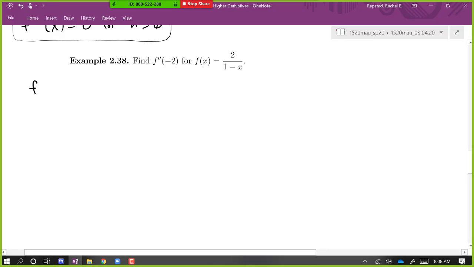So if I start by just rewriting the function by bringing that 1 minus x up top to the -1 power, now I don't have to use a product or quotient rule. What do we get when we take the derivative? What do we get for f prime? Or who wants to start us off?